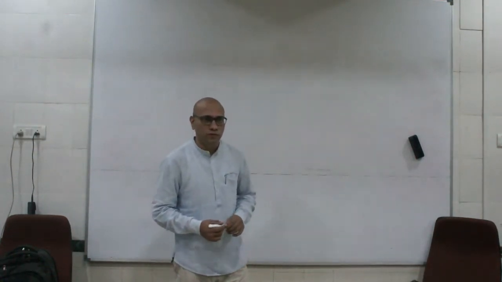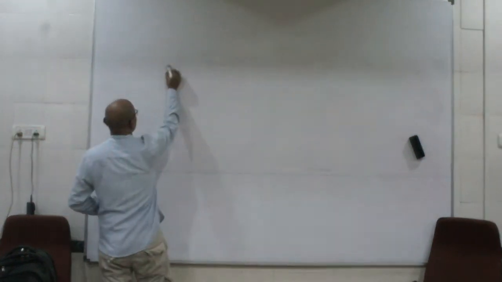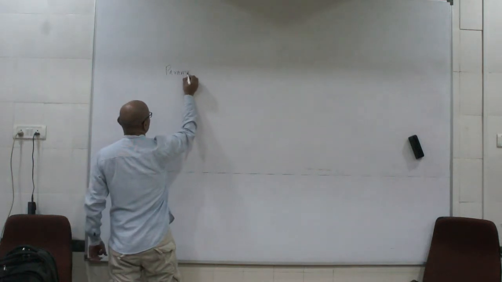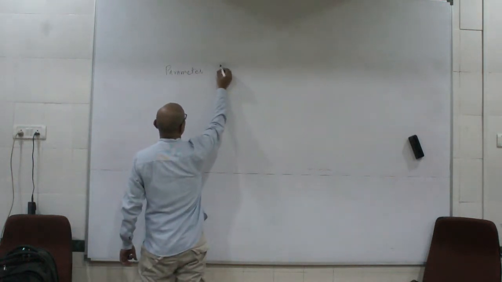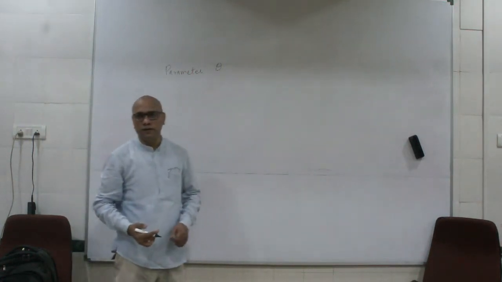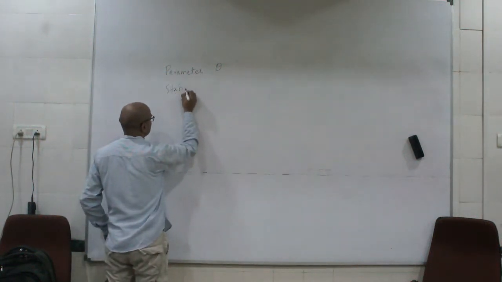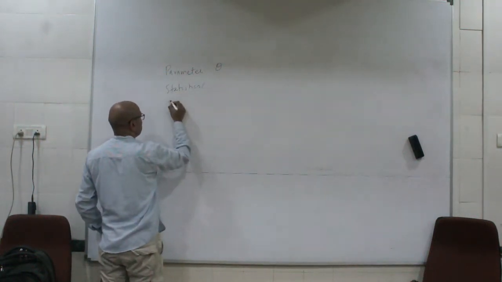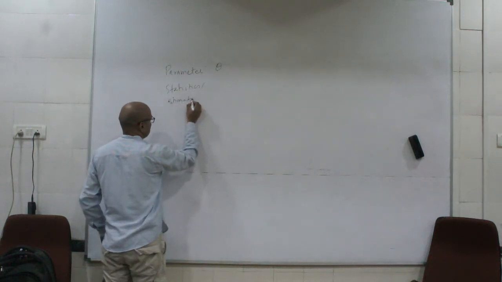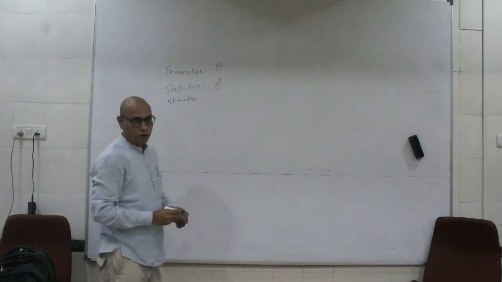So in today's class, we shall look at properties of estimators. What we have seen so far is there is a parameter value. Any parameter we denote generically as theta, and the statistic, or the estimator, is denoted by theta hat.